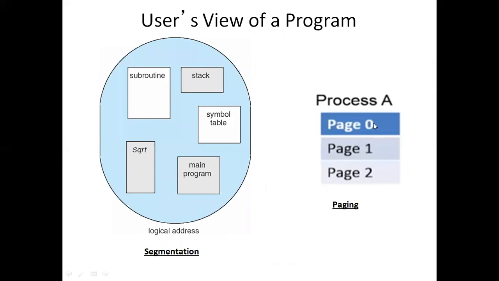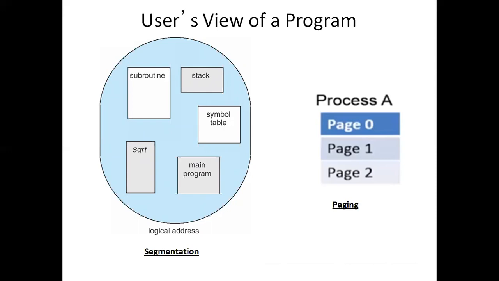Here when I say a process, it's nothing but a program. When I think of a program, it has a structure. Let's say a simple C program. It has a header file, it has the main function, then you have the variables, the global variables, the stack, etc. So a program has a kind of structure within which we build it up.